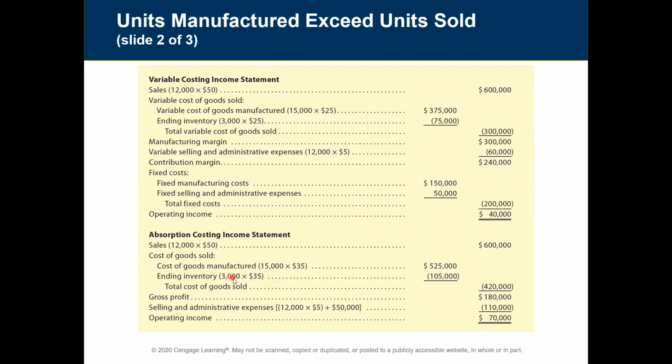But under absorption costing, some of those fixed manufacturing costs associated with the 3,000 units we added to inventory go on the balance sheet, reduce our cost of goods sold, and that's how we have a higher income under absorption costing than under variable costing.